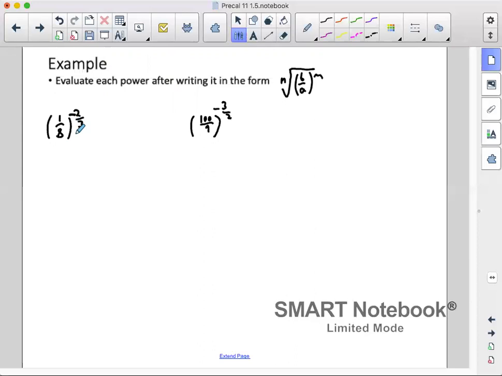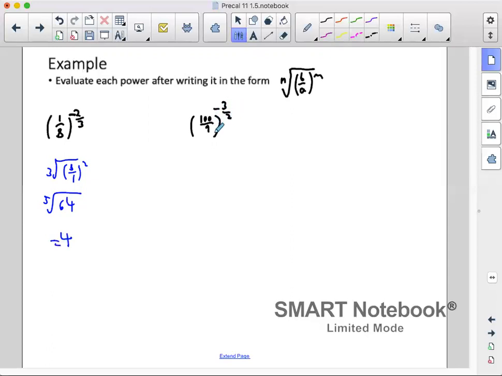So it's going to flip it, and the 3 is going to be for our root in front. And then we'll have 8 over 1 squared. 8 over 1 squared is 64, so we have a cube root of 64, which is 4.